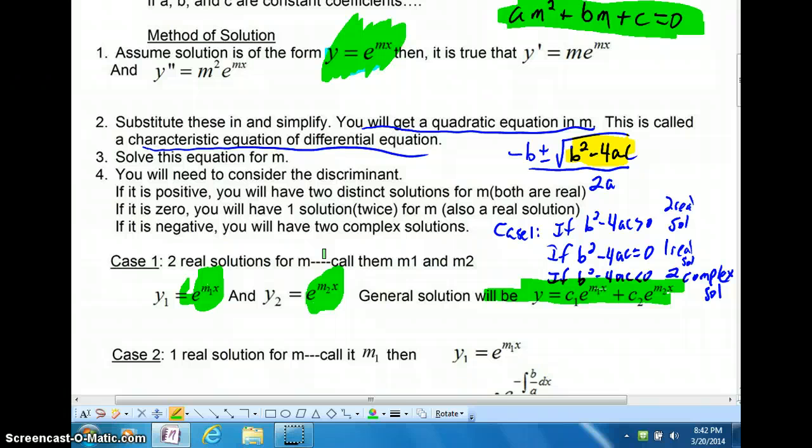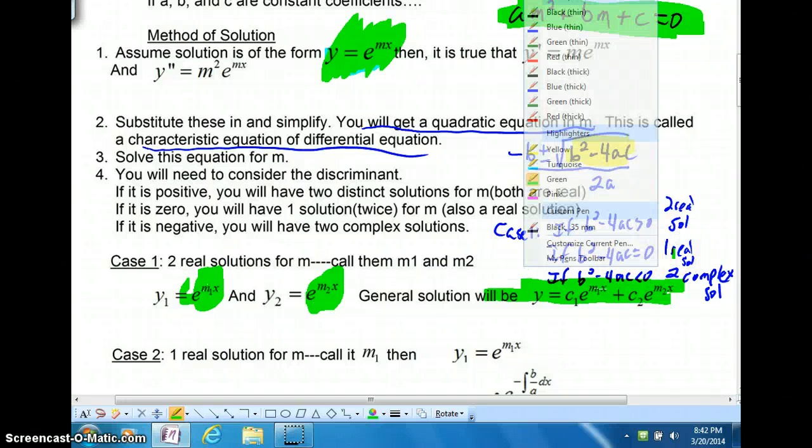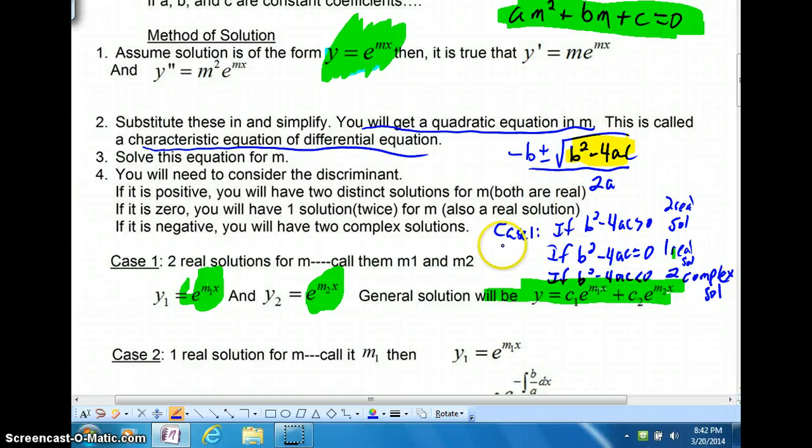That's our superposition principle. Case 2, as we look at this, what happens when we get one real solution? Well, one real solution, you can see from what we've written down here, this would be case 2. That's assuming that our discriminant were equal to 0. Now, look back up to the quadratic formula.